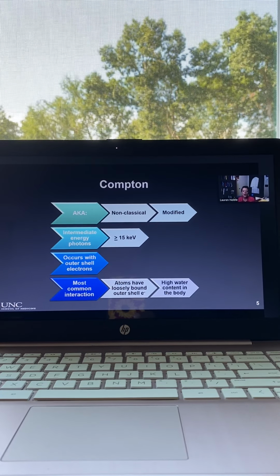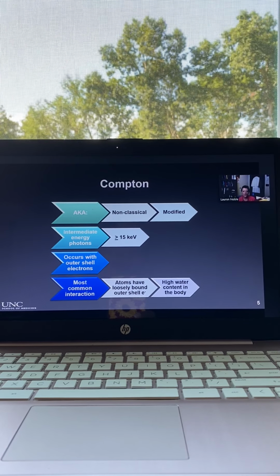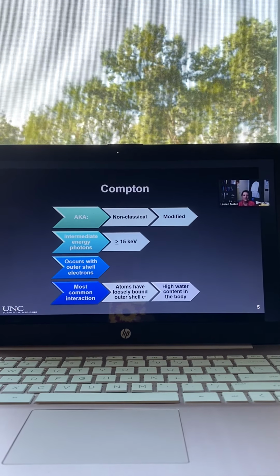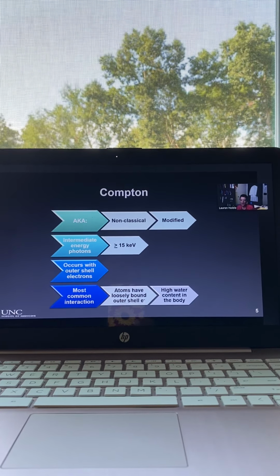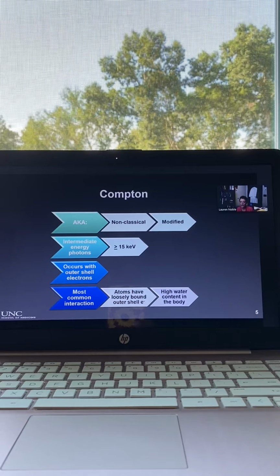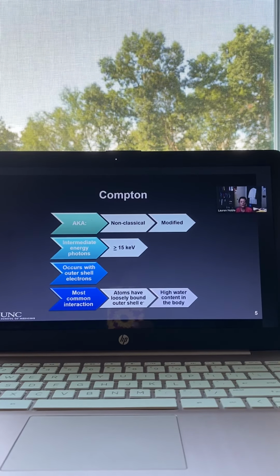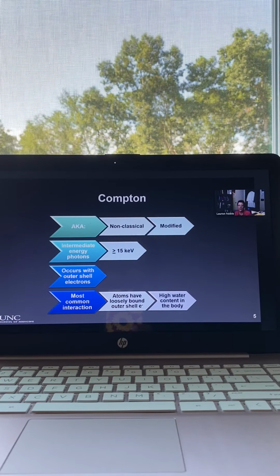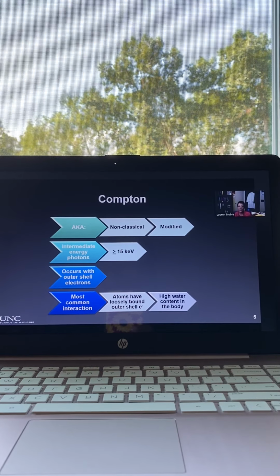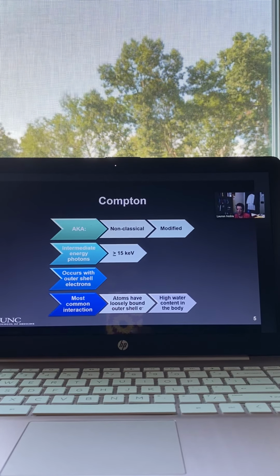And since our bodies are mainly composed of water, around 80% or so, with that high water content we have a lot of loosely bound outer shell electrons in those hydrogen atoms. So it is very, very easy for photons to knock those electrons out of orbit. That's why Compton is the most common interaction that takes place in the human body.